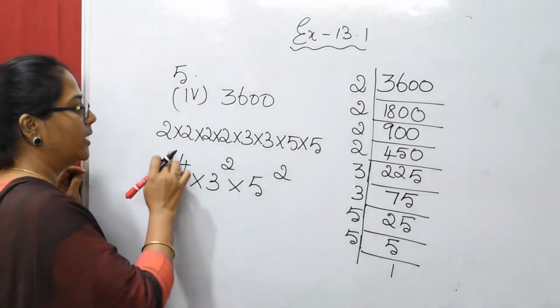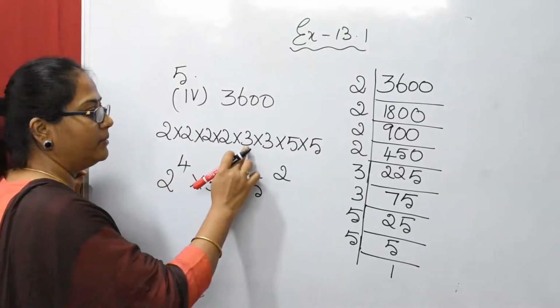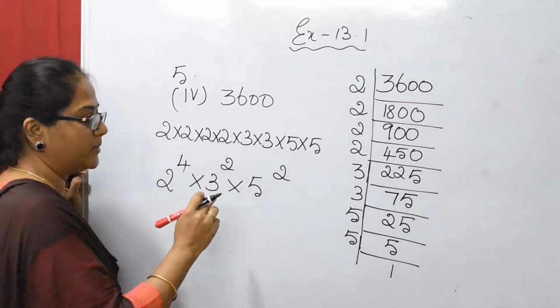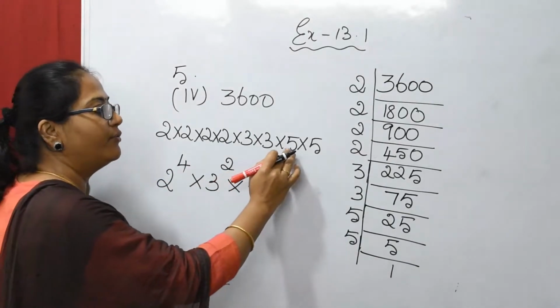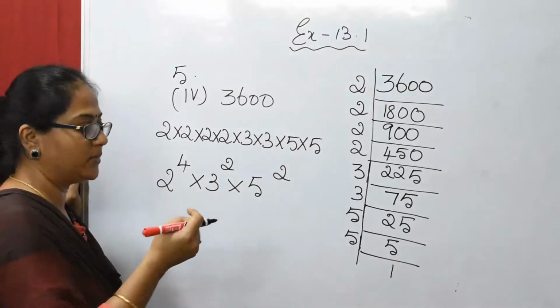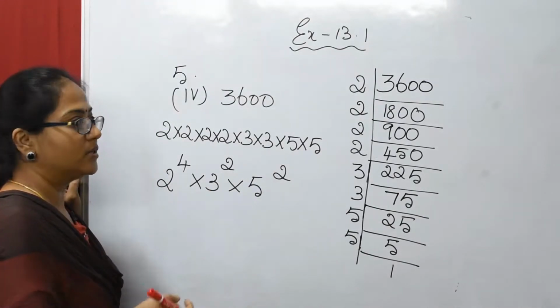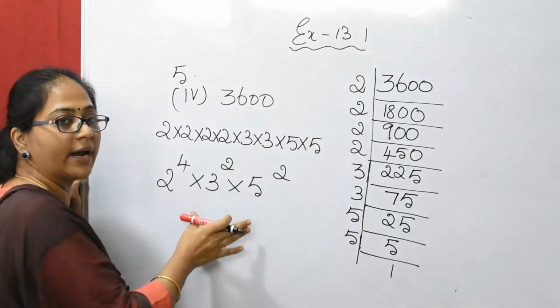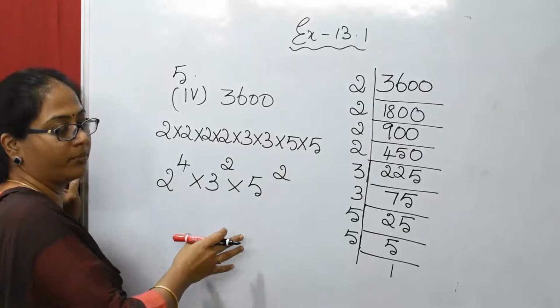So 2 is repeated 4 times, so 2 power 4. And 3 is repeated 2 times, so 3 power 2, that is 3 square. And 5 is repeated 2 times, so 5 power 2, 5 square. Understood? So this is how we have to write 3600 in exponential form.